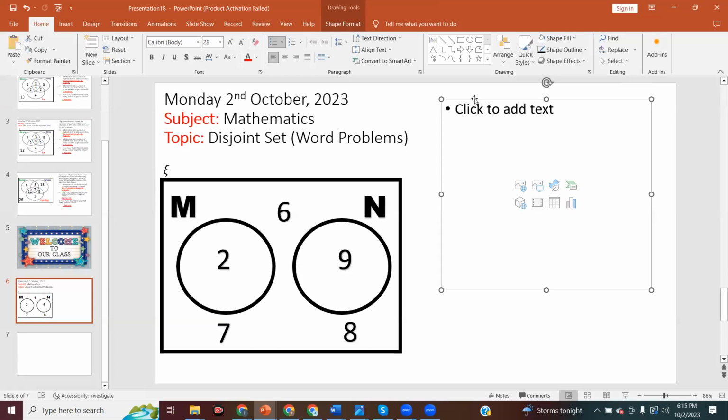Okay, so let's answer this. For this one, they said use the Venn diagram to answer the questions which follow.